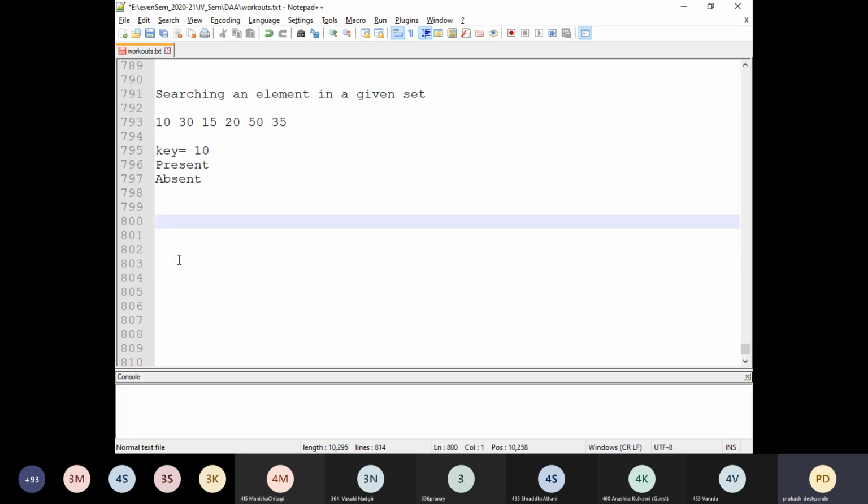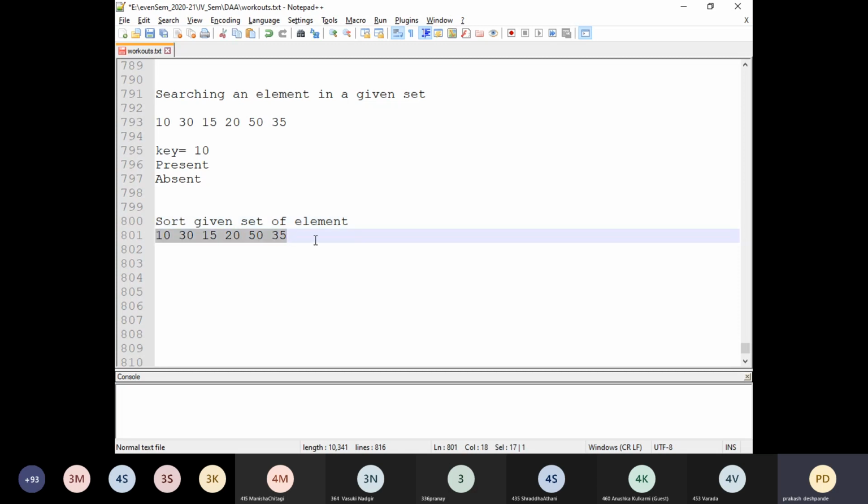There can be another type of problem wherein, let me take the same set of numbers here. The problem is to sort the given set of elements. Right now, this is one particular set of elements. We need to sort either in ascending order or descending order. Now here, I can have only one possibility of the solution.